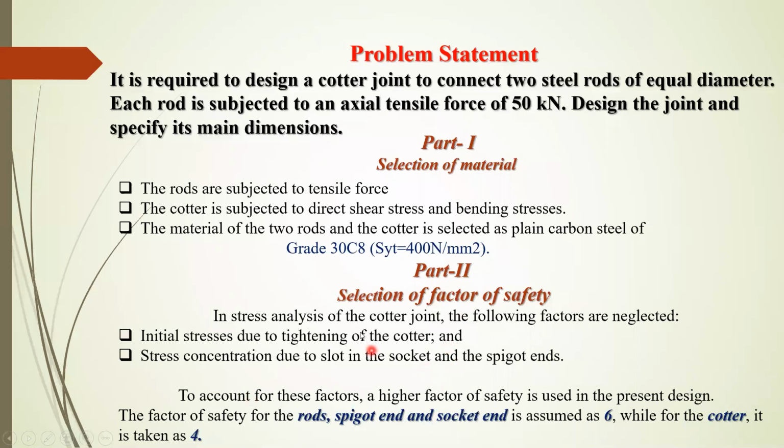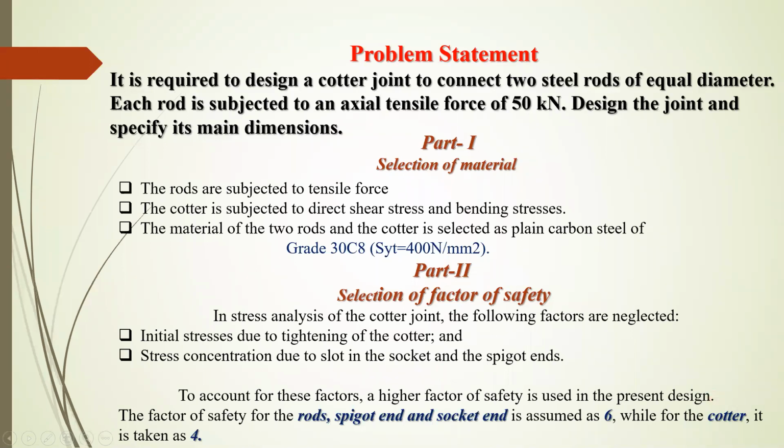As these assumptions are made, we have to select a higher factor of safety to account for them. So for the rod, spigot end and socket end, the factor of safety is assumed as 6, while for the cotter the factor of safety is assumed as 4. There is a specific reason why the factor of safety is less for the cotter.